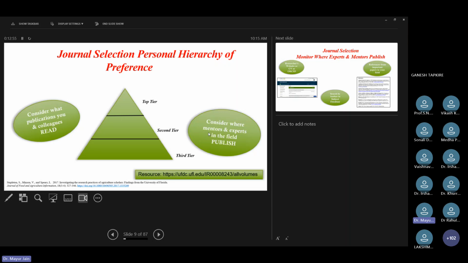Okay. And the next thing: obviously, you have probably done a PhD, or you are in PG doing MTech, or completing a PhD, or maybe you are a faculty. But at some point of time, you must have had a mentor to guide you on which direction to focus. So consider where mentors and experts in the field publish. That is another criterion I always consider while selecting my journals.